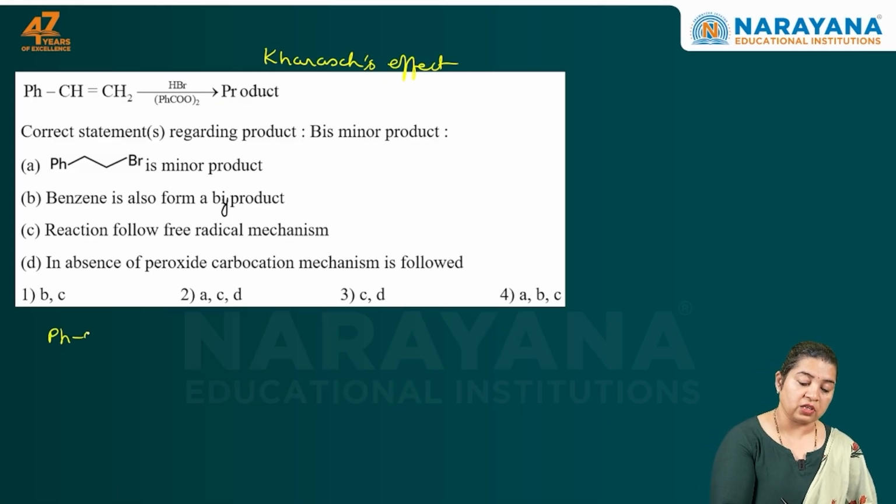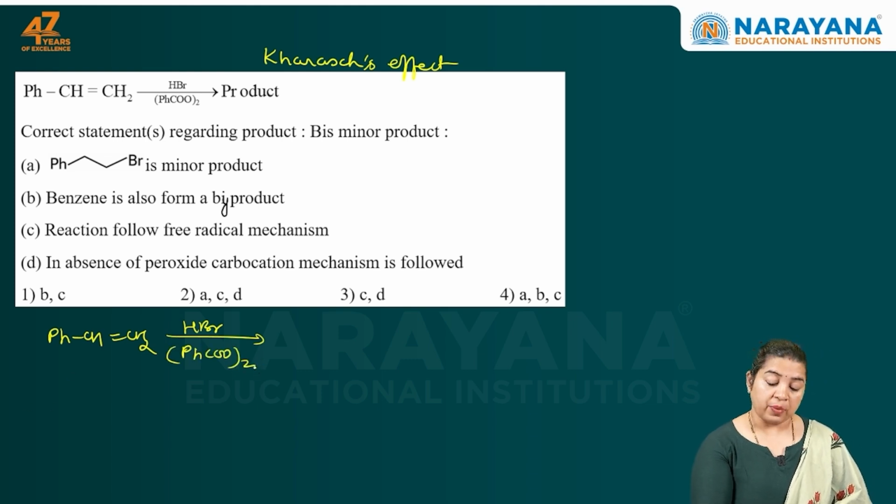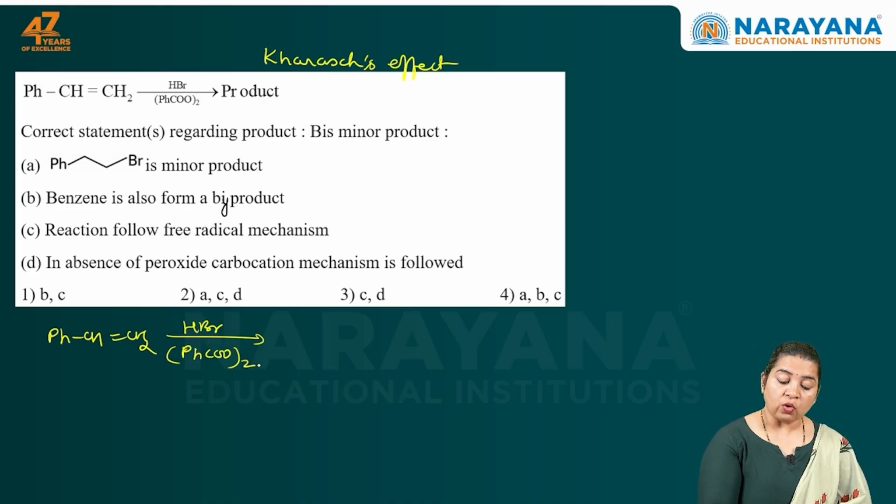The reaction given is PhCH=CH2 in the presence of HBr and peroxide, (PhCOO)2 is the peroxide. So what product is formed?